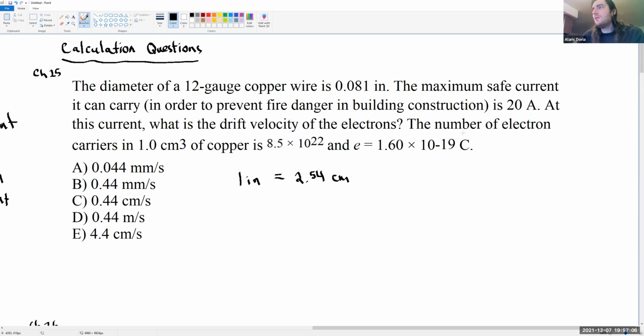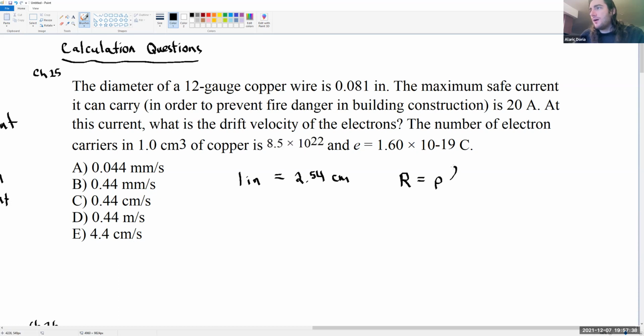You may also want to know how to find the resistance of a wire, right? The resistance of a wire depends on the material, it depends on the length, and it depends on the cross-sectional area of the wire. So if my material is copper versus silver, there's a different resistivity there, so that will change the overall resistance of the wire.